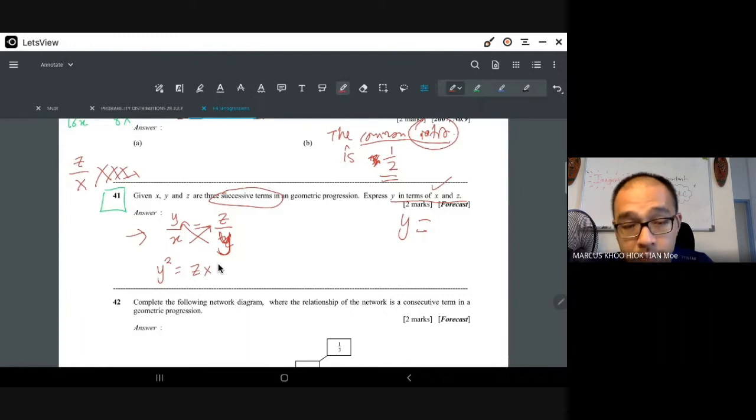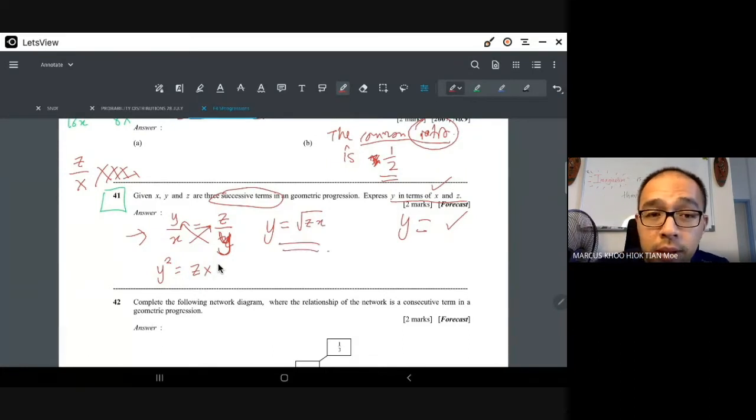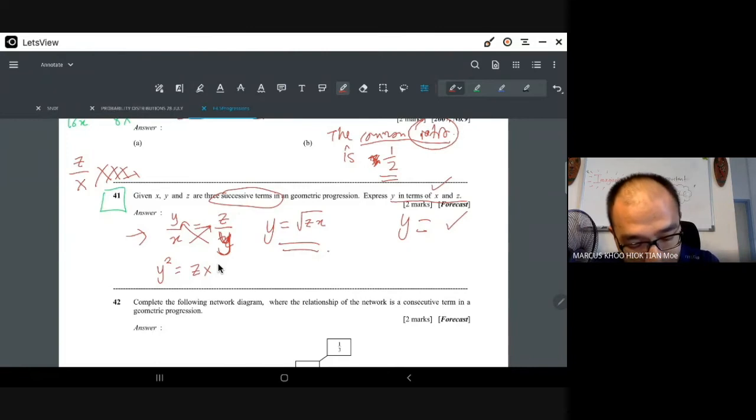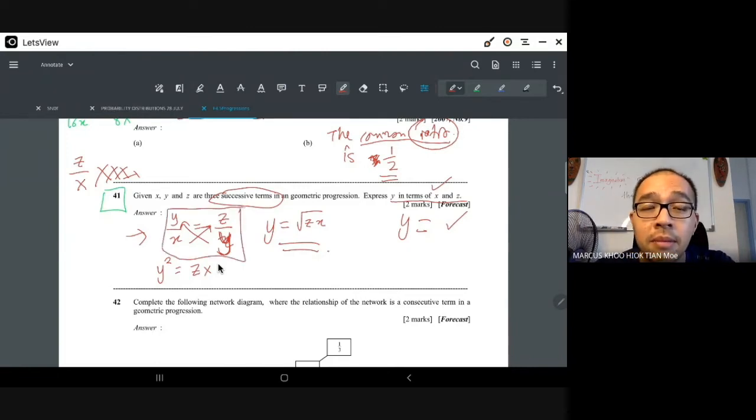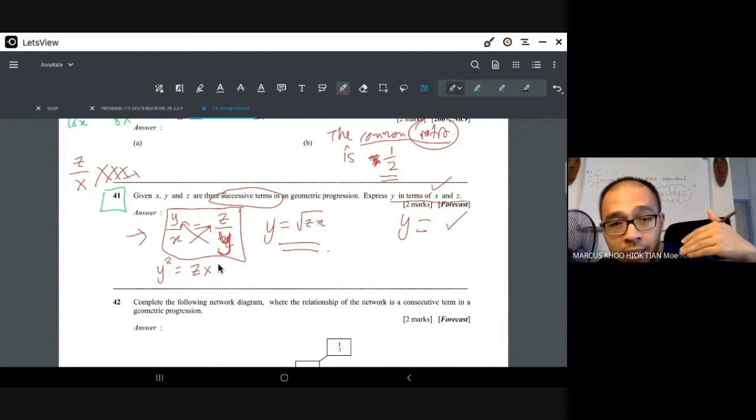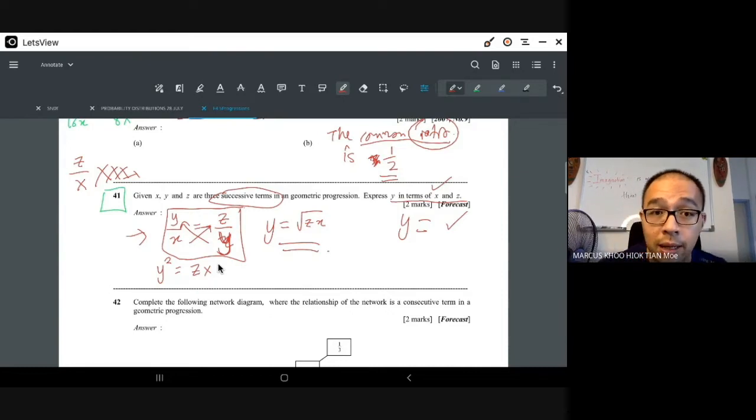And because I want my final answer to be Y, we square root. So Y equals the square root of ZX. Done. So it's just moving things around. But the most important step is this first step, understanding that the common ratio is the same, provided the number in front is divided by the number at the back.